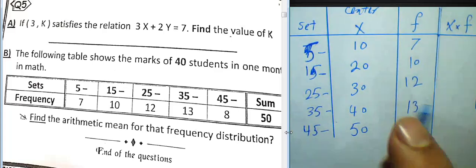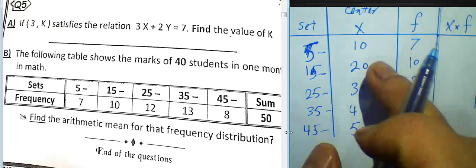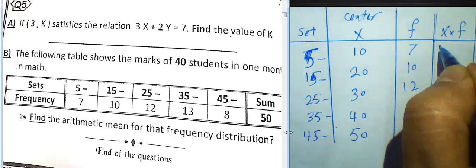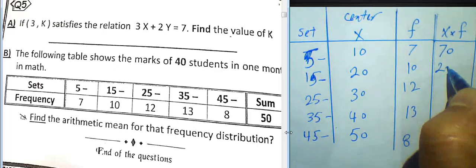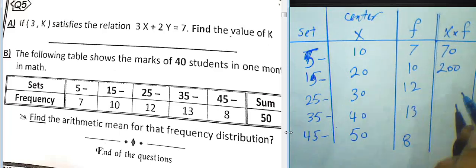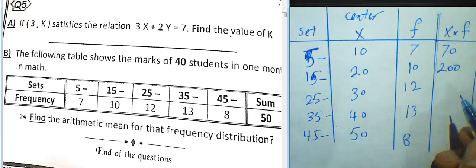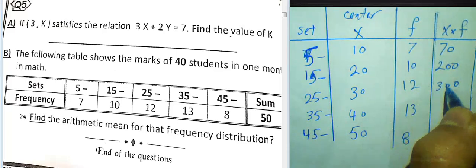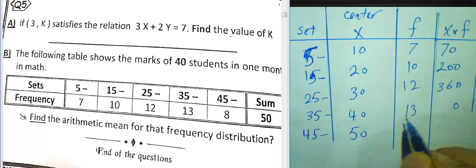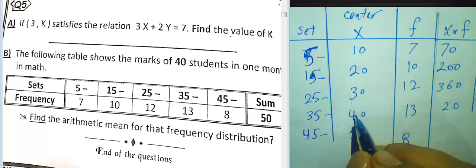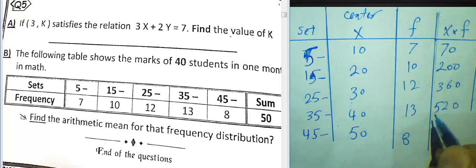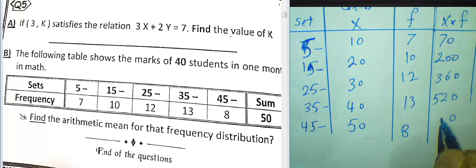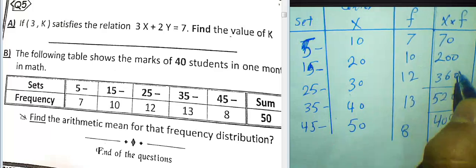Then we multiply x by f, center multiplied by frequency. 10 times 7 equals 70. 20 times 10 equals 200. 30 times 12 equals 360. 40 times 13 equals 520. 50 times 8 equals 400. Okay, this is the result here.